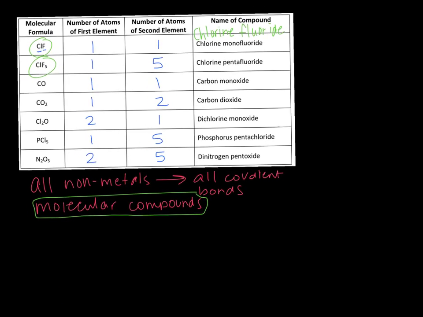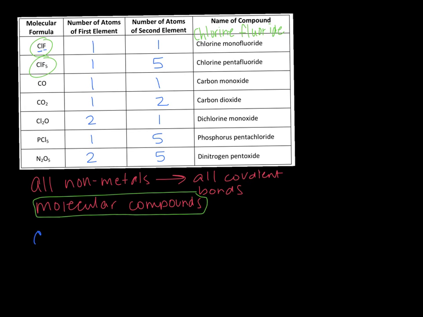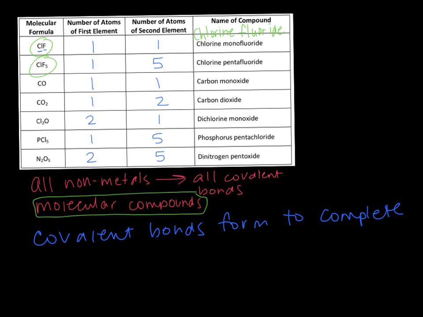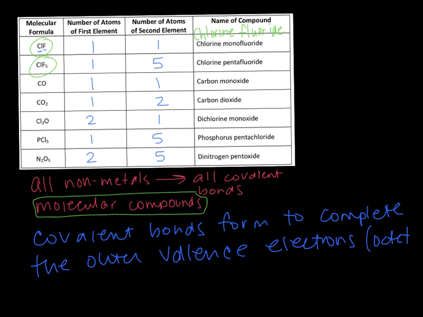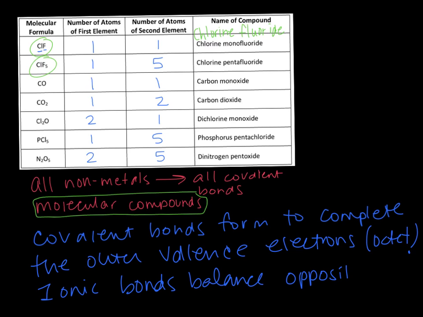Covalent compounds or molecular compounds: covalent bonds form to complete the outer valence electrons or octet, while ionic bonds balance opposite charges.